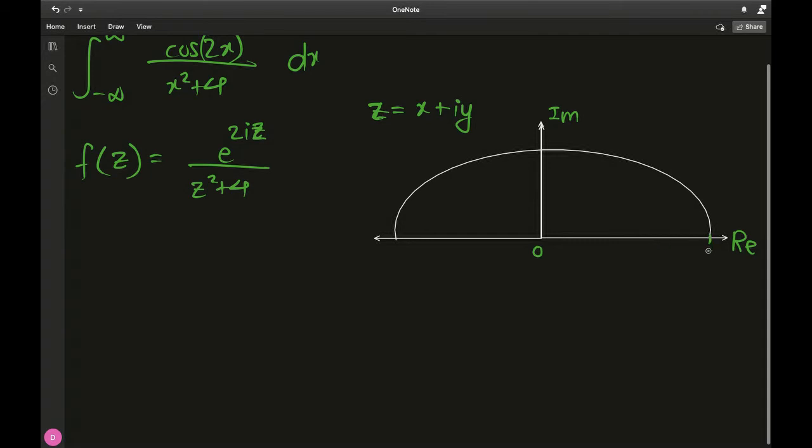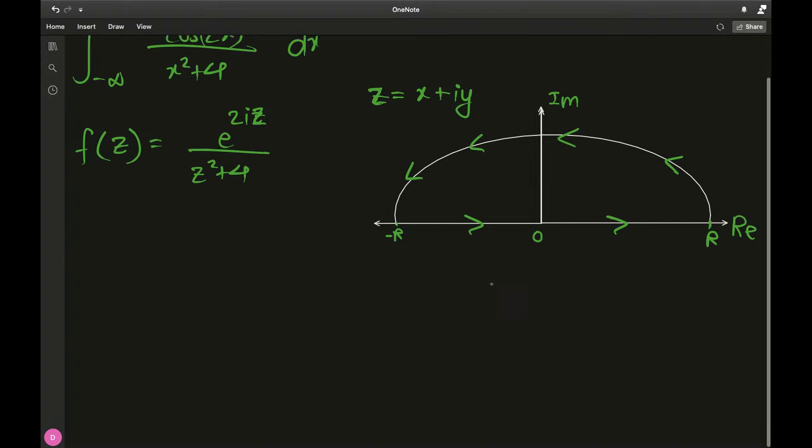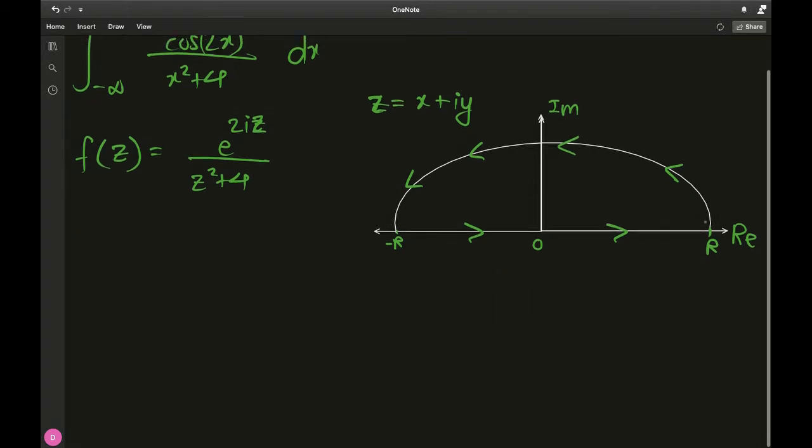This point over here, call it r. This point over here, call it negative r. So the way we are going to do this is, we are going from negative r to 0, then from 0 to positive r, and then from r we're going to loop back to negative r in this semicircular way. And I'm going to call this semicircular path beta.